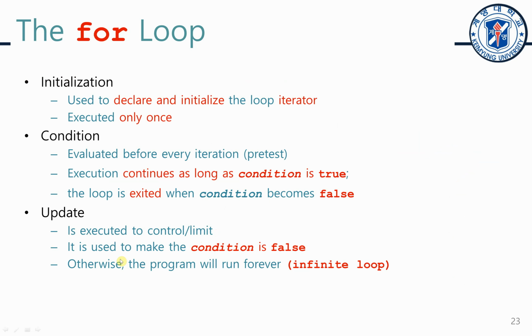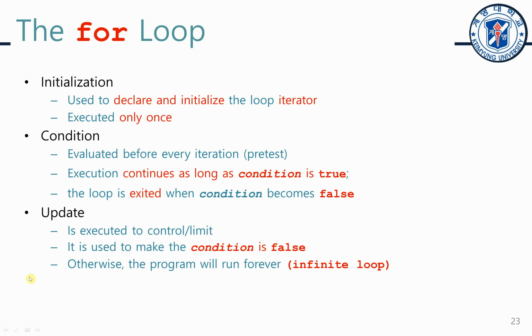So the for loop has initialization, which is to declare and initialize the iterator, which is the count, and it is done only once. The condition is tested before iteration, it's pre-test. If the condition is true, then we continue to execute the statement, otherwise we exit the loop when the condition becomes false.